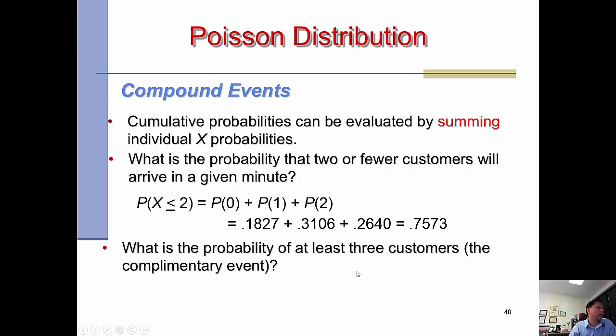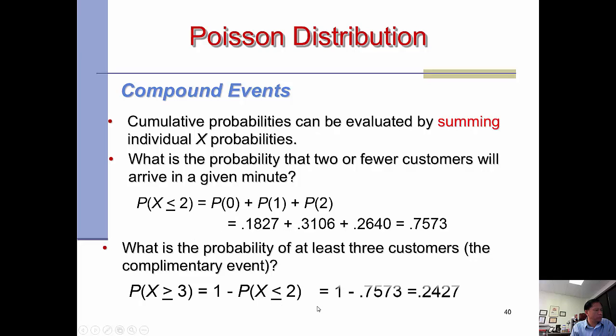You can either have 2 or fewer, or if you have more than 2, you're going to have at least 3. So for the probability of at least 3, you can simply use 1 minus P(x is 2 or fewer). That gives you 1 minus 0.7574, that's a 24% chance. Okay?